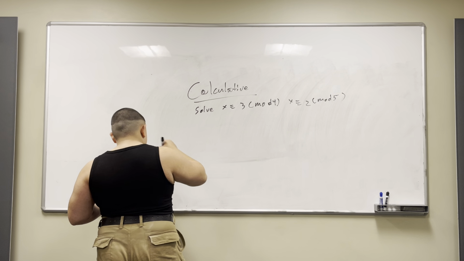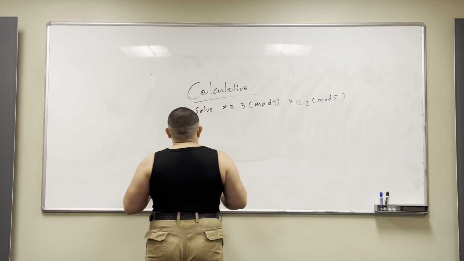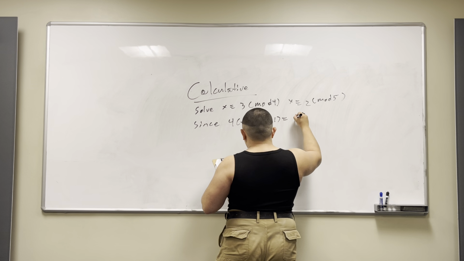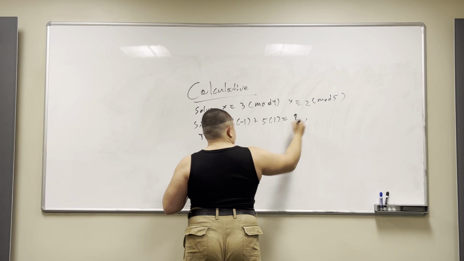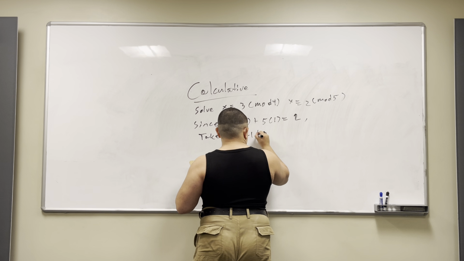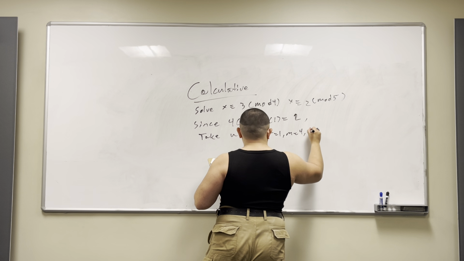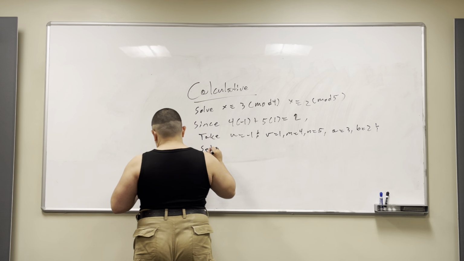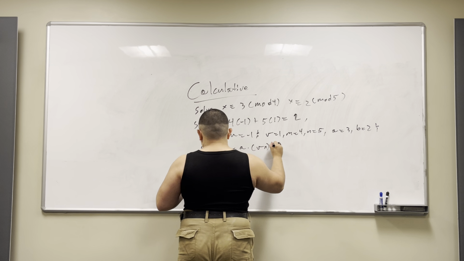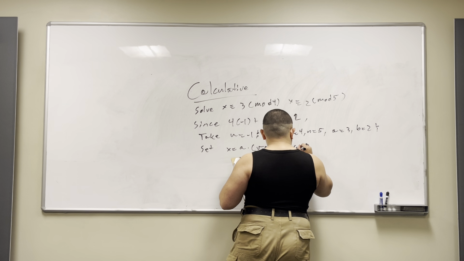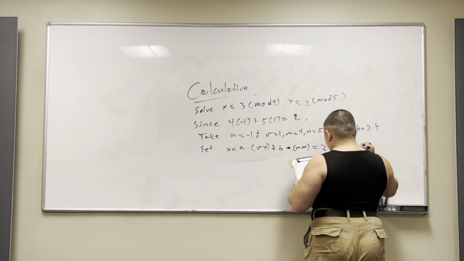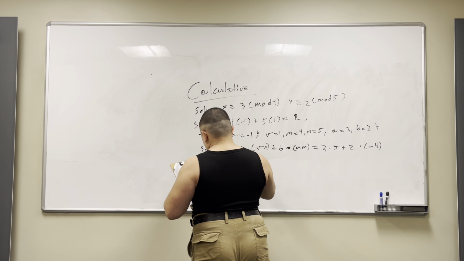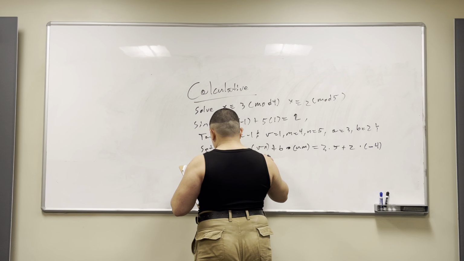Since 4 times negative 1 plus 5 times 1 is equal to 1, we take u equal to negative 1, v equal to 1, m equal to 4, n equal to 5, a equal to 3, b equal to 2, and set x equal to a times vn plus b times um to get 3 times 5 plus 2 times negative 4, which goes to equal 15 minus 8, which is equal to 7.